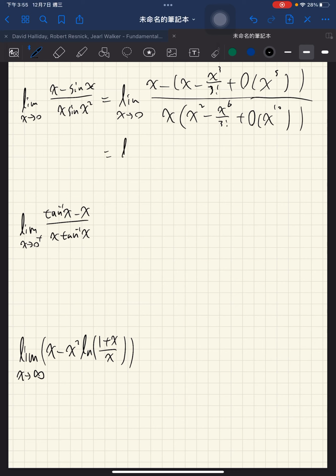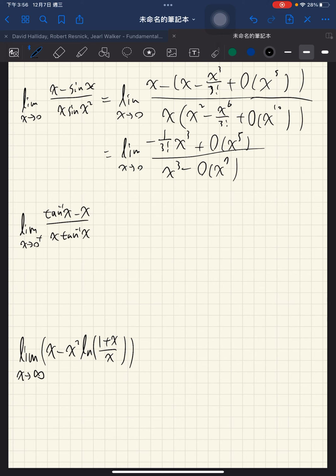So we will get the limit as x goes to 0 of negative 1 over 3 factorial x to the third power plus the remainder, over x to the third power minus the remainder, which is x to the 7th power.